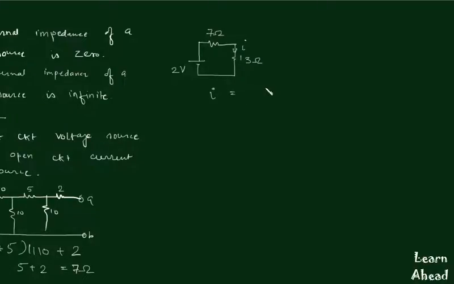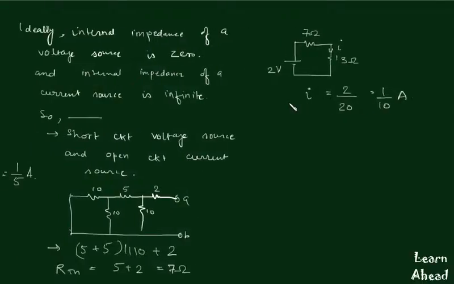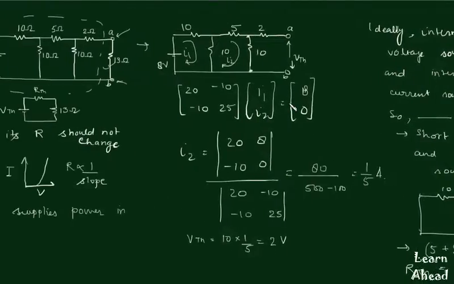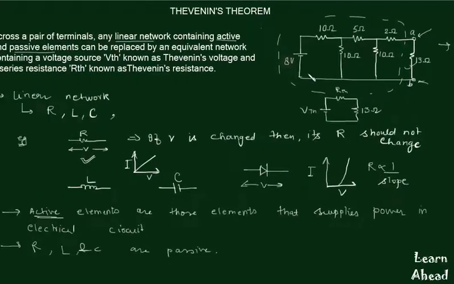This current is equal to 2 upon 7 plus 13, that is 20, equal to 1 by 10 ampere. So this is how you convert a given network into its Thevenin's equivalent, and this circuit was quite easy and it was a DC network.